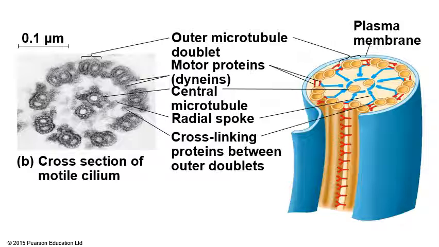That motion we call the beating, B-E-A-T. The beating is moving back and forth because of the dynein arms, the motor protein's function. That's very important for the bending. So the motion of cilium and flagellum is basically the same, beating back and forth.